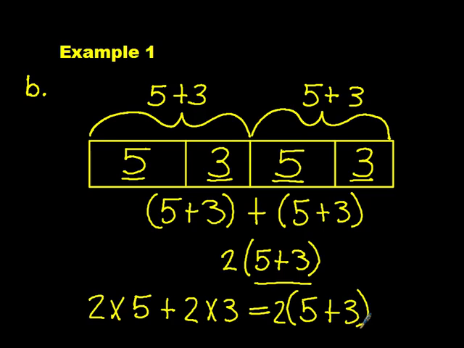What relationship do we see happening on either side of the equal sign? On the left-hand side, 2 is being multiplied times 5 and then times 3 before adding their products together. On the right-hand side, 5 and 3 are added first and then multiplied.